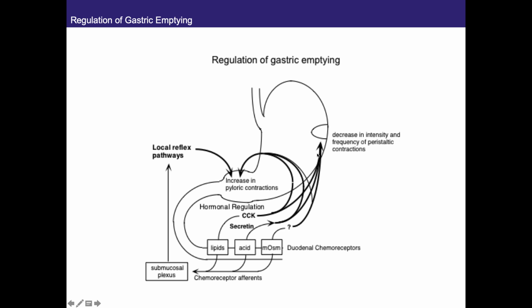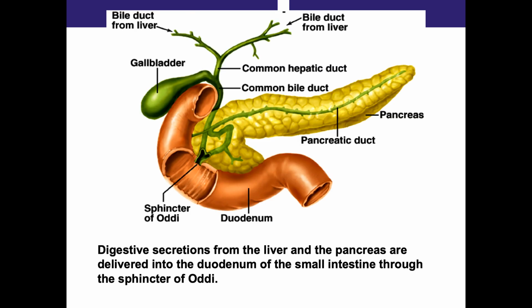Now, there's a few other hormones that I want to talk about as well. There's chemoreceptors that also are working on these local pathways to, again, increase the pyloric junction contractions to decrease gastric emptying. Now, before I move on, I got to give you some anatomy real quick here.